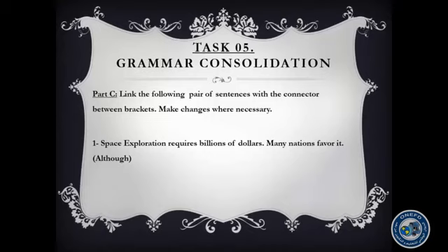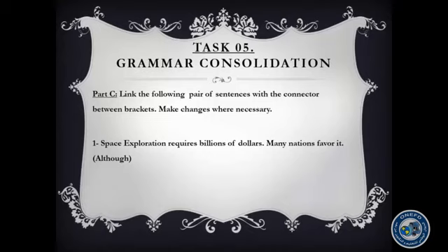Although, what does "although" express? Yes, it expresses concession. We have, for example, although, however, even though, etc. They express concession. And when you link the two sentences, you have to make the necessary changes.